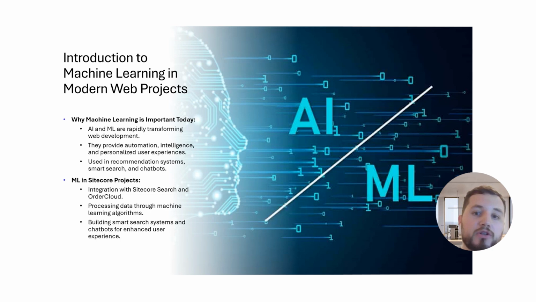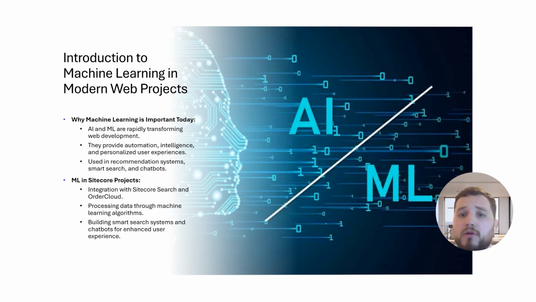In this presentation, we will show how we can use machine learning in a Sitecore project. We will take data from platforms like Sitecore Search and Order Cloud, use machine learning algorithms to process this data, and create a smart search system and chatbots.